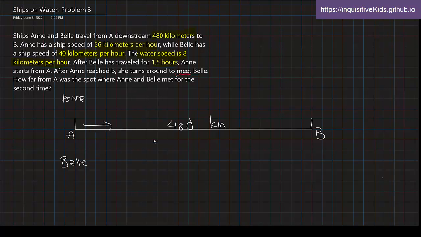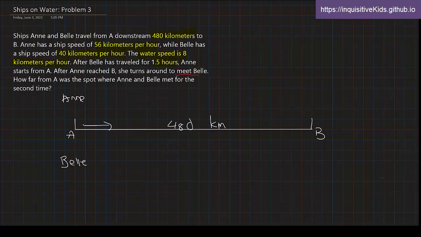Anne has a ship speed of 56 kilometers per hour, but because the water speed is 8 kilometers per hour, her speed is really 64 kilometers per hour. And for Belle too, it's 48 kilometers per hour downstream.